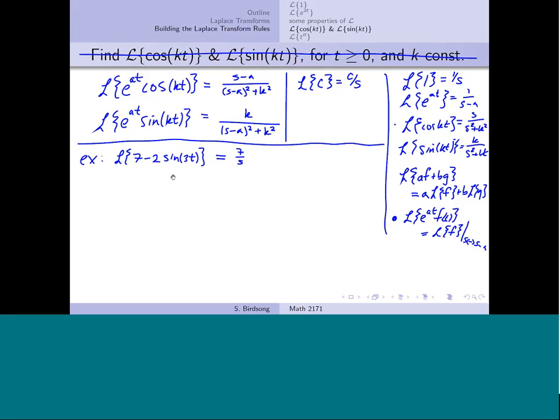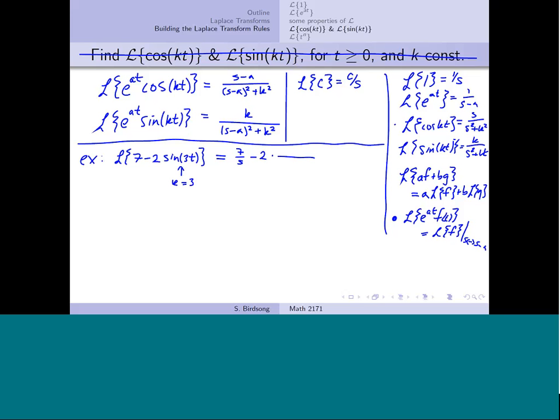Now, for sine, notice we have a 2. But here the main thing you want to do for sine and cosine is identify what your k is. Who is your k in this example? Yep, your k is 3. So you get almost exactly what a couple of you have typed in already.